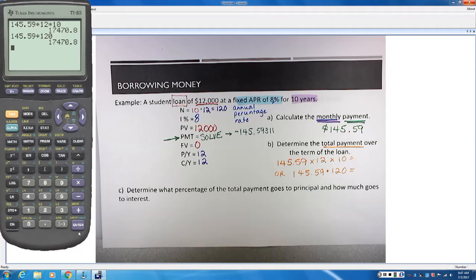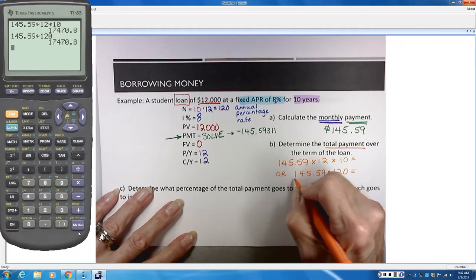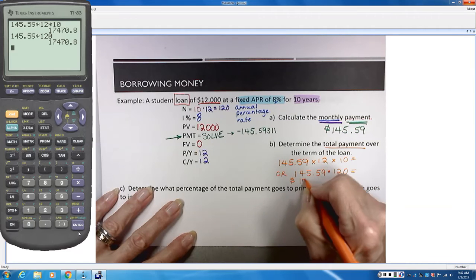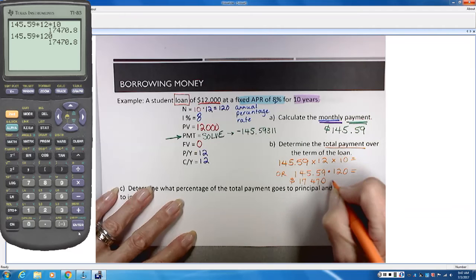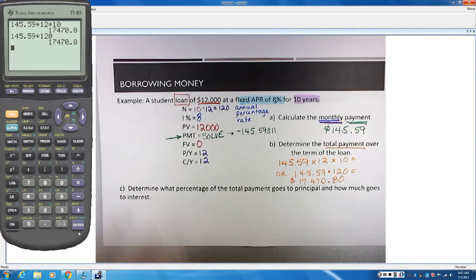So we're going to repay $17,470.80. Okay?